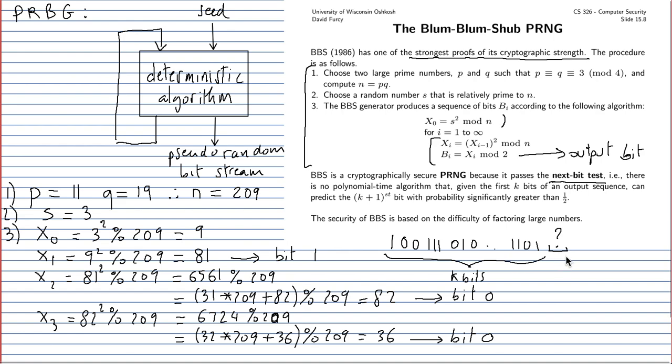And what I mean by that is it's not just that you have to know the bit for sure, but you can predict it with a probability that's significantly greater than 0.5. So we're not even asking that you know it for sure, but can you predict it with, say, a probability of 0.75, 3 times out of 4? If such a test exists, then we say that the algorithm is not very secure.